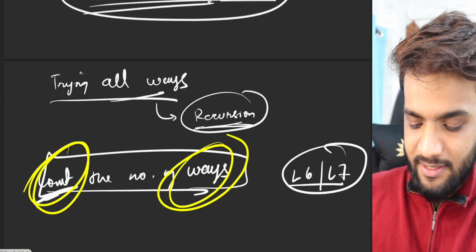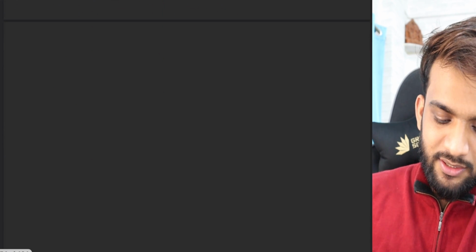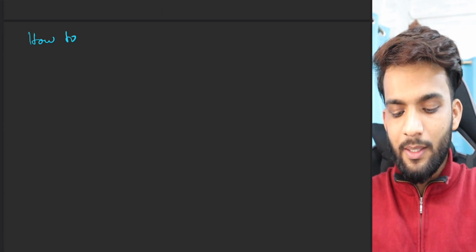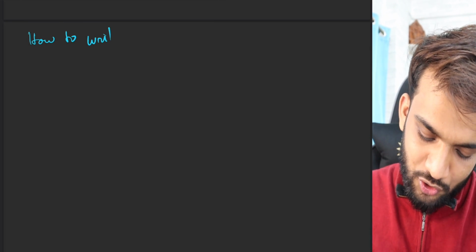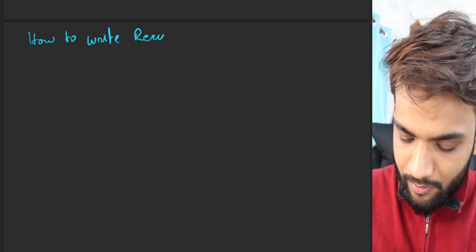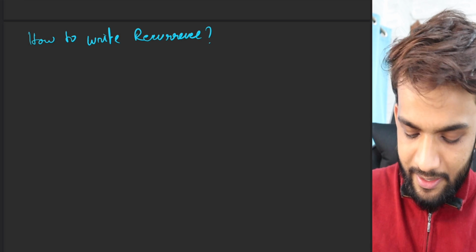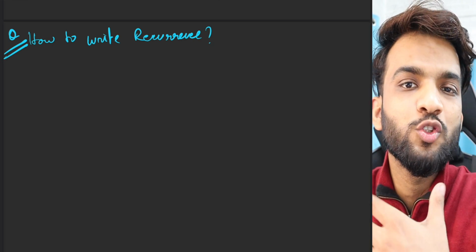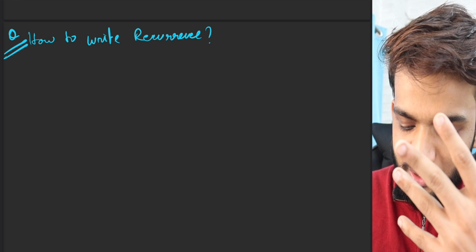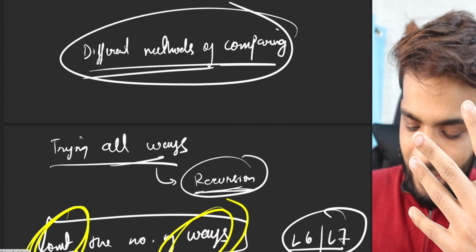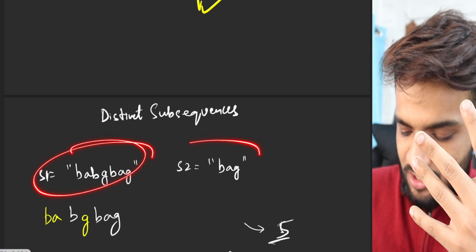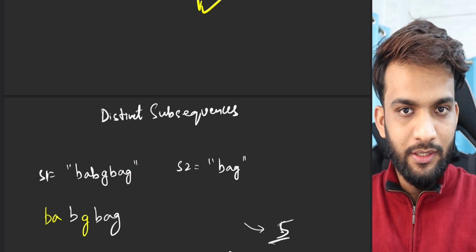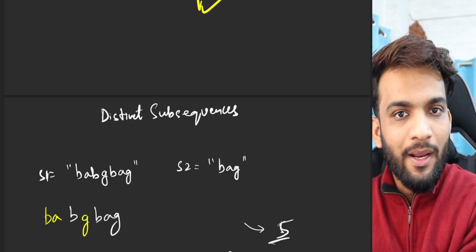But now the question arises, how to write the recurrence? That's the plain and straightforward question. What did I tell you in terms of strings? Over here, how many strings we have? We definitely have two strings, and whenever there are two strings, I've told you clearly that we are going to use two parameters.